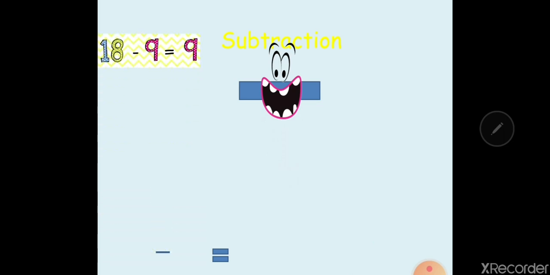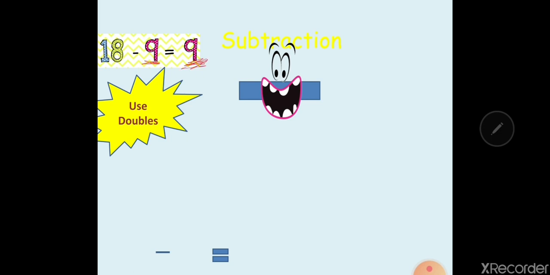Now, subtraction or the minus needs some ways to help to subtract. Like doubles. When my whole, in this case, has two same parts, you see they are the same.